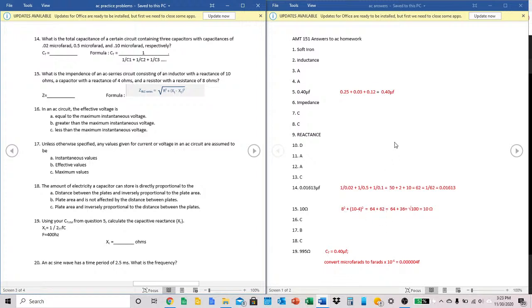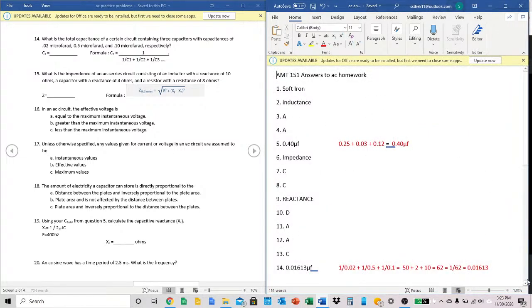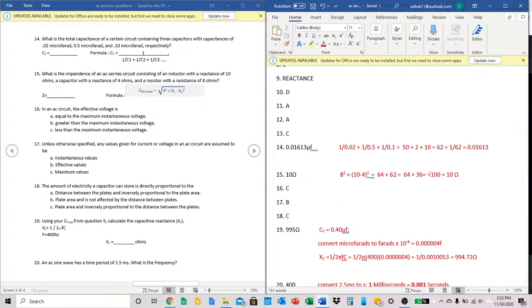I don't know why I put 62 there, that's a typo. If you add 64 and 36 together, that gives us 100. And we square root the whole thing, which gives us 10 ohms. And the answer is 10 ohms.